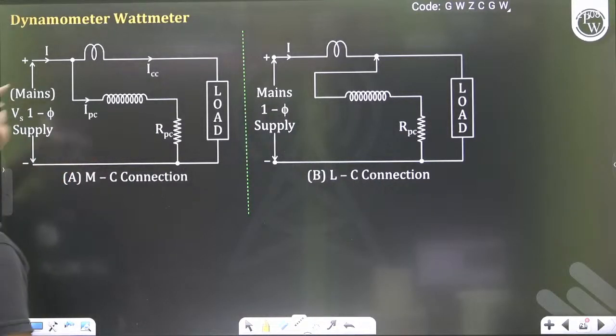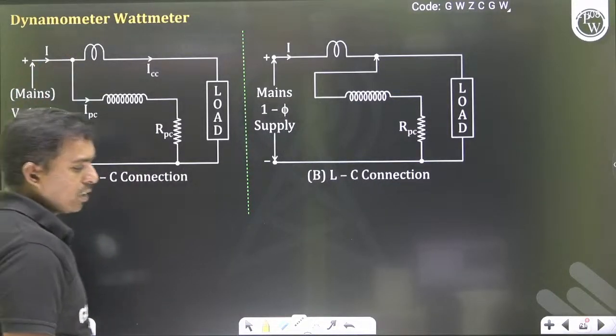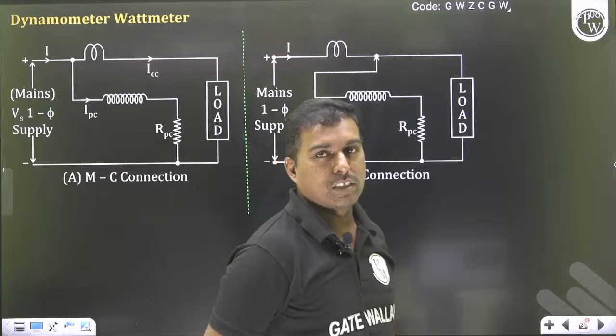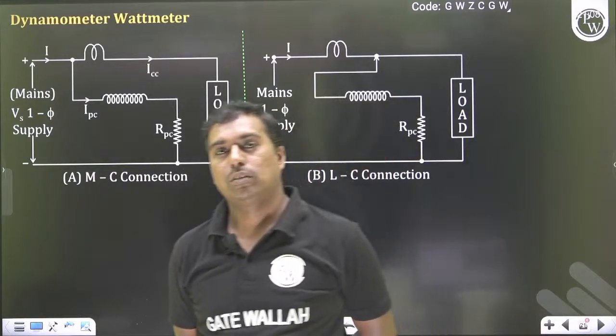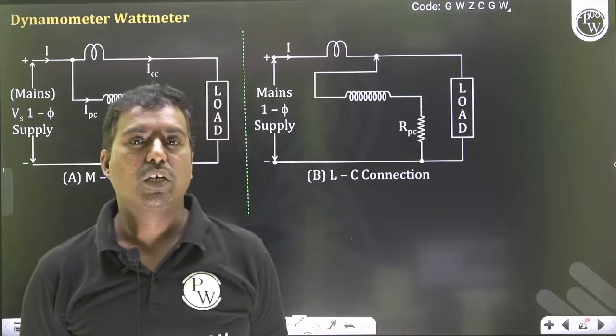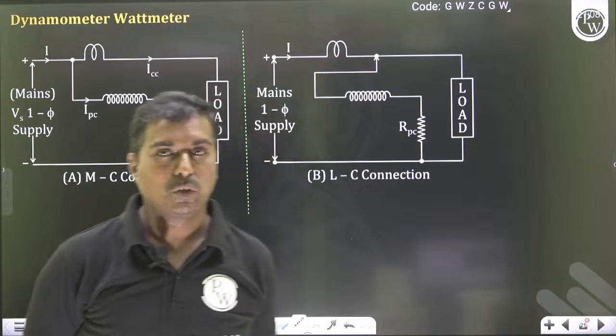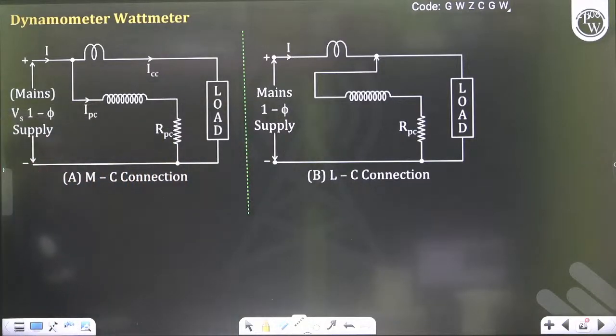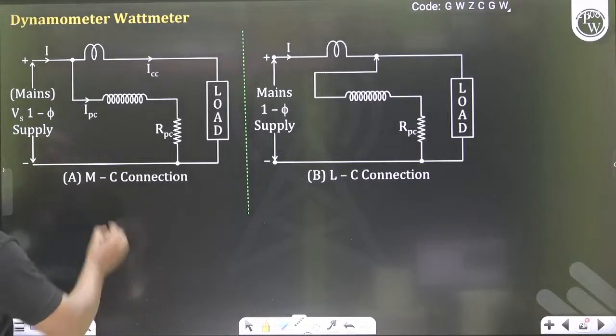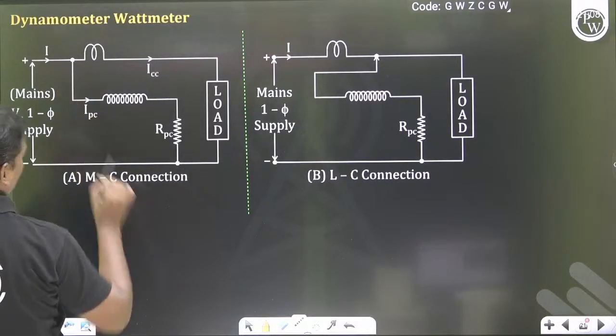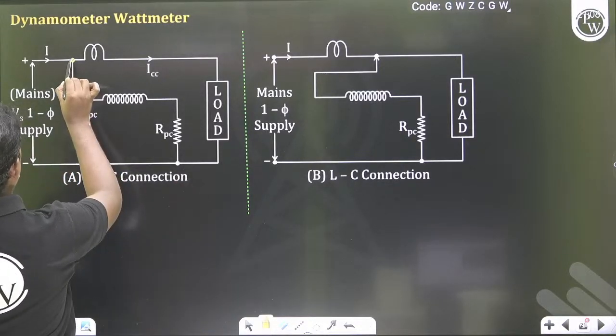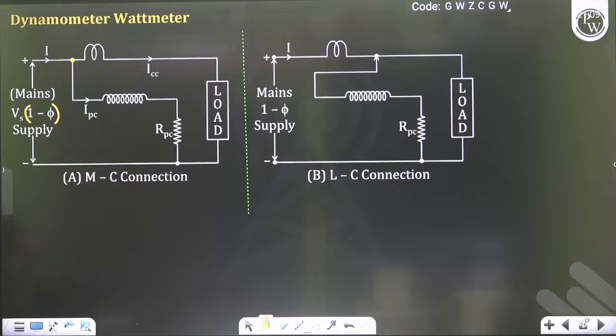So this is a current coil, this is a pressure coil. आपको पता है ना, current coil is shorter in size but thick होता है, whereas a moving coil is longer in size, thin होता है. Okay, so if you see now this particular point, MC connection. So this is the mains here. So this is the mains.